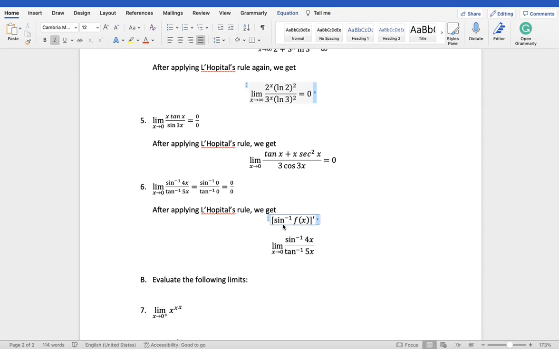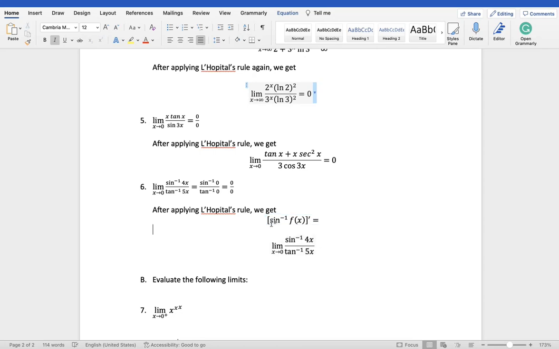I remember, if I'm not mistaken, these formulas are in your textbook at some page, so you have to sort of remember them.